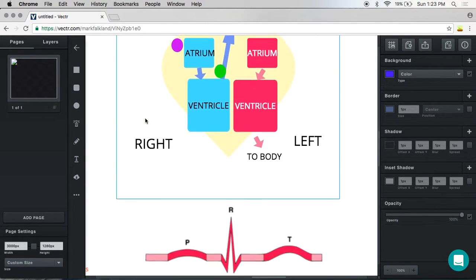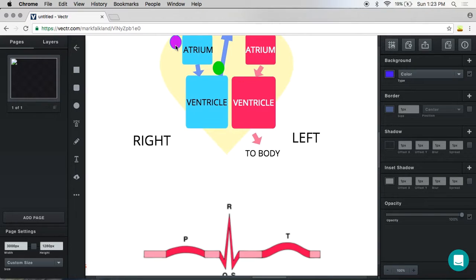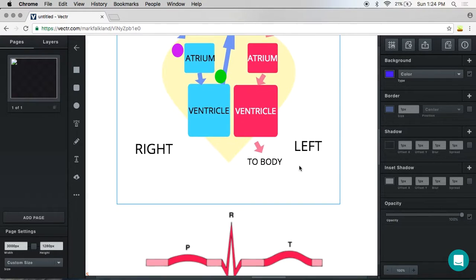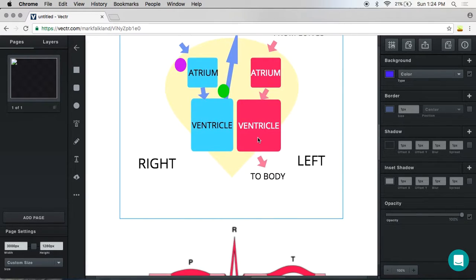So basically, when the SA node activates, that's the P wave, the contraction of the atrium. And then when the AV node fires, it contracts the ventricles, seen here in the QRS complex in the ECG. The T wave here is just representative of when the ventricles relax.